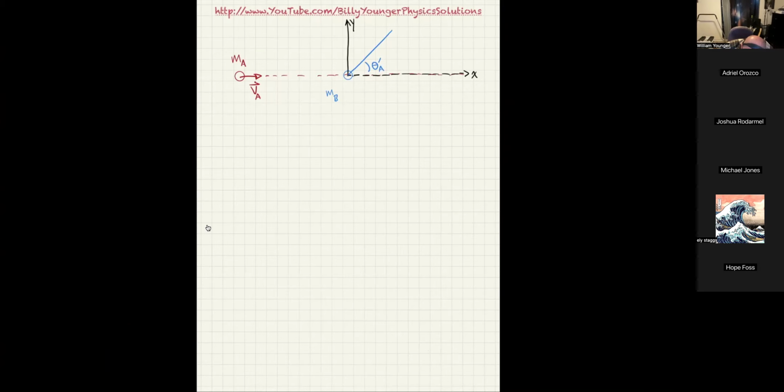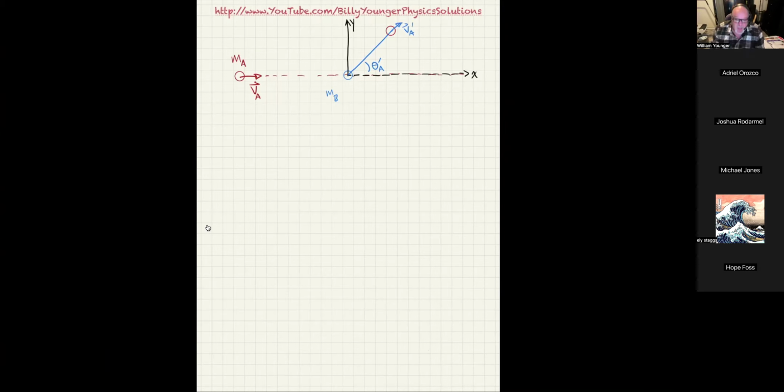And the velocity of this particle at the end, of course, is VA prime. You could also say the momentum is PA prime.